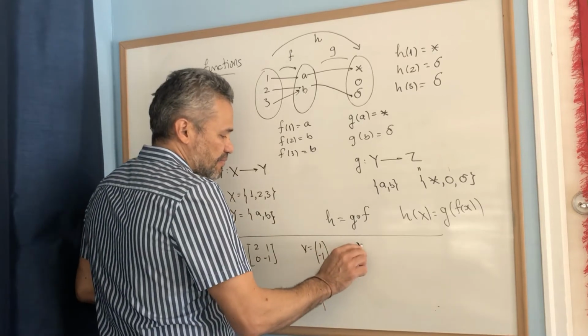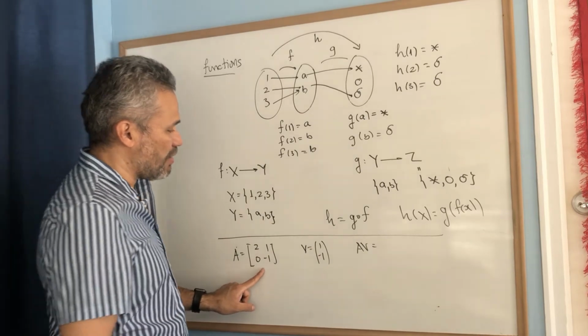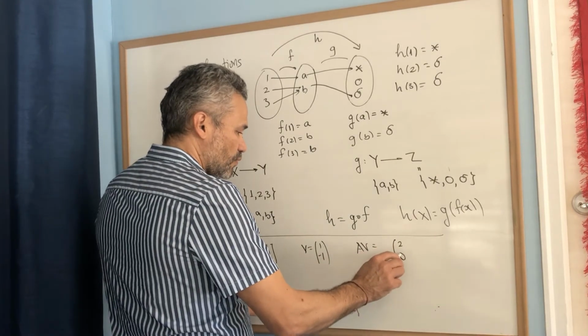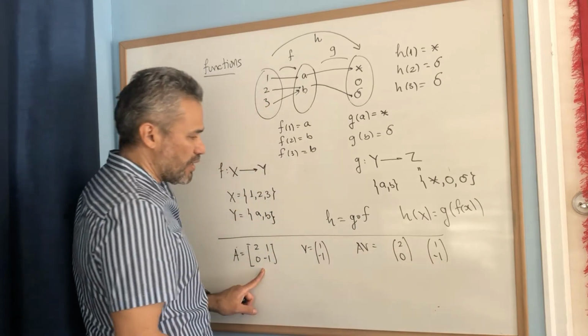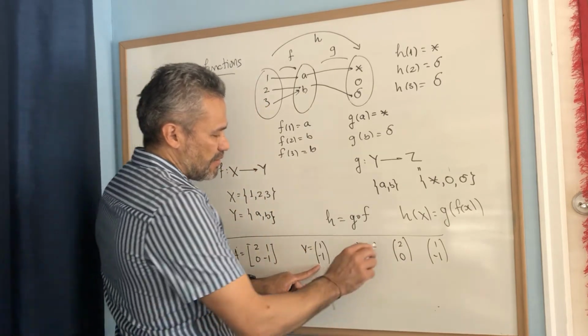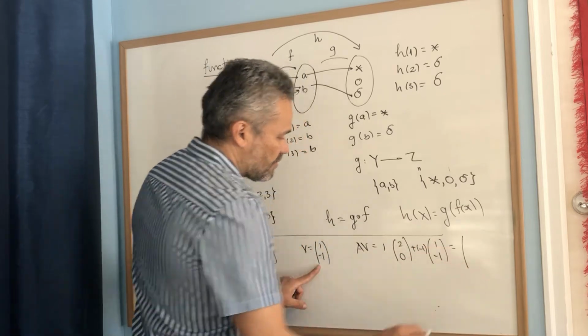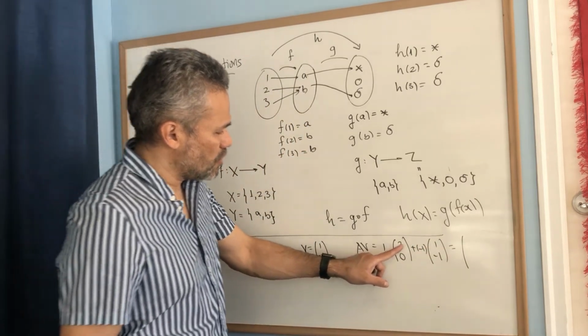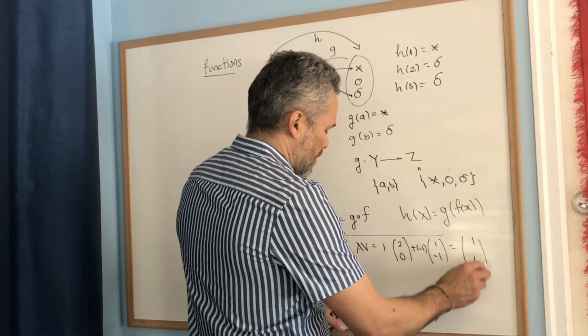What is A times v? By definition, it is the linear combination of the columns 2, 0 and 1, negative 1. What do I use as weights? These elements here, 1 and negative 1. Then I get the vector 2 minus 1 is 1, and here I get 1, 1.